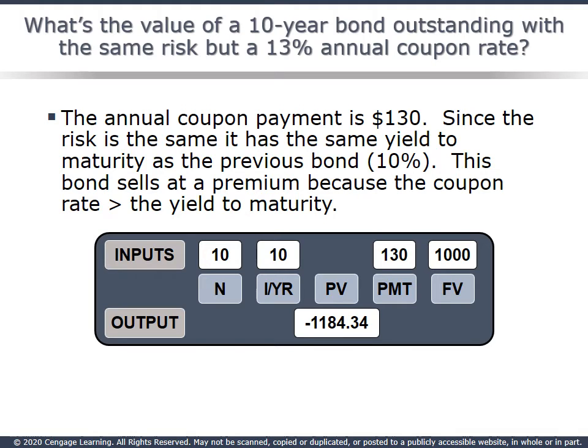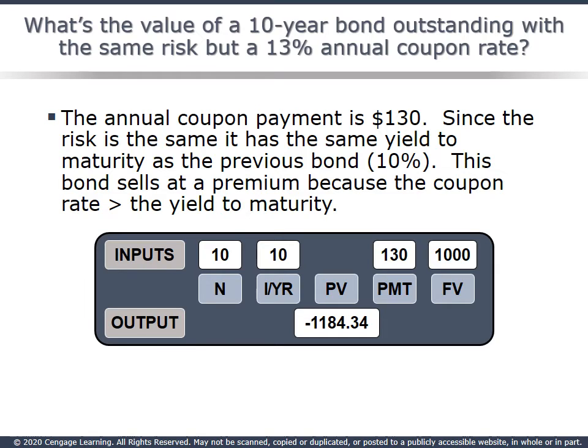The yield to maturity, the rate that we discount these benefits, is only 10%. So that means that all other bonds that have the same amount of risk as this bond are paying their investors 10%. The bond at hand pays 13%.